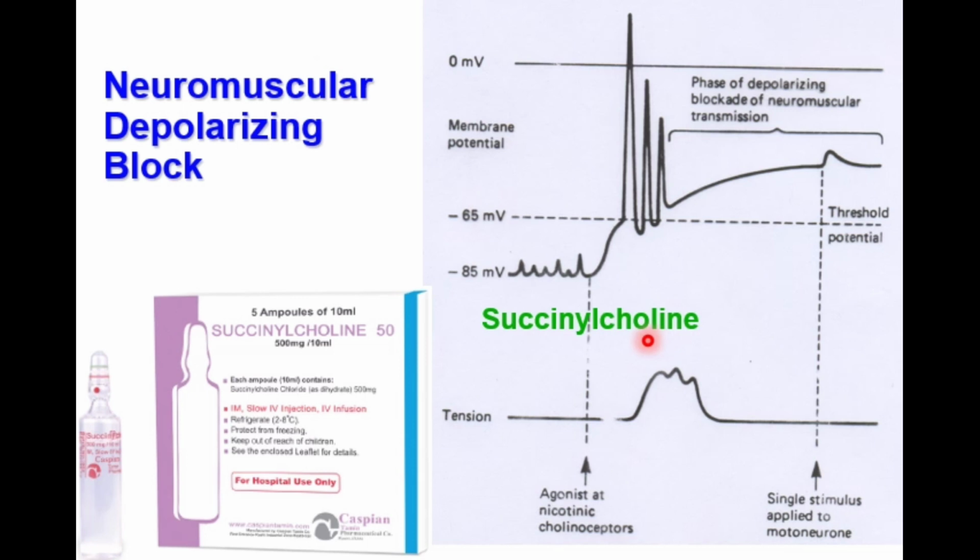Since succinylcholine is not hydrolyzed by acetylcholinesterase, the muscle cell often generates several action potentials and then enters a state where its membrane potential is less inside negative than threshold of excitability.